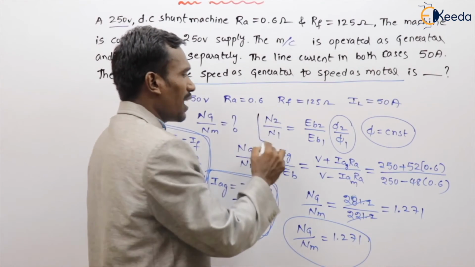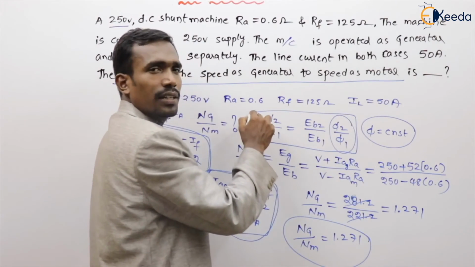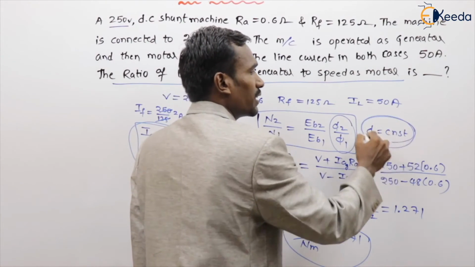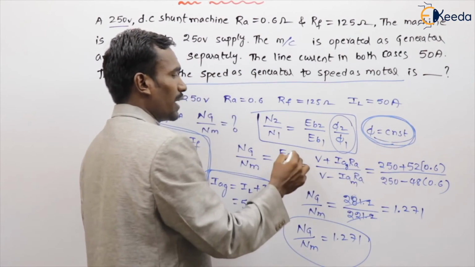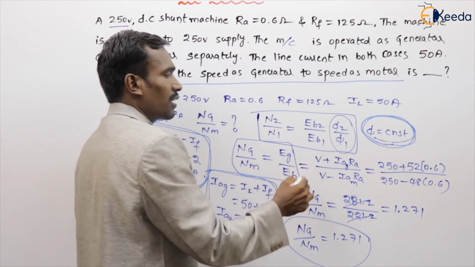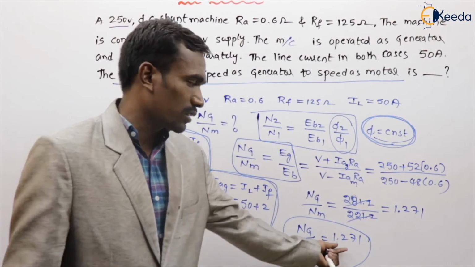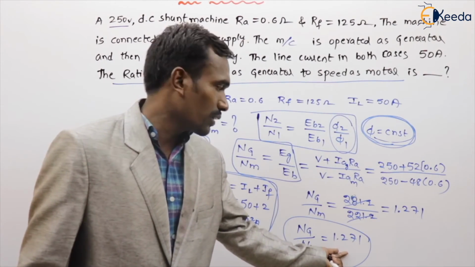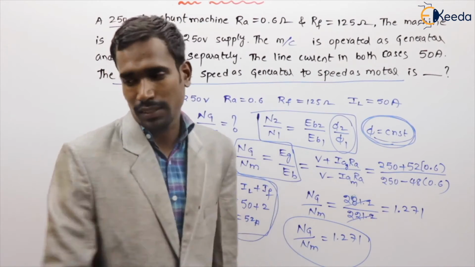This formula is very important here. Flux is constant in a DC shunt machine, that's why this is our formula and that's why the answer is 1.271. Okay, sir.